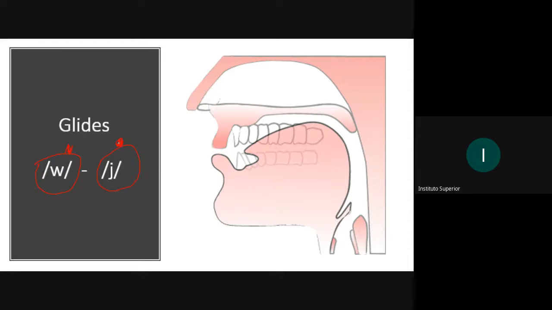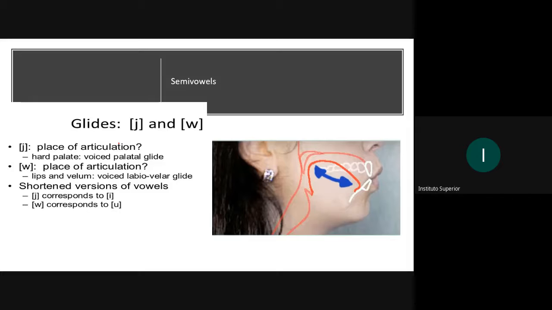Let's go. Here, could you read, please? We're gonna start here. Could you read, please, guys? Place of articulation. Where is the place of articulation? Okay.